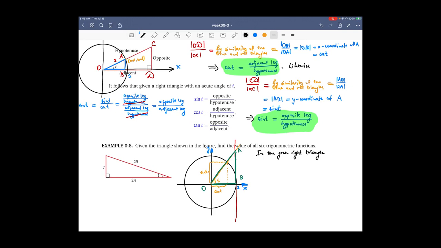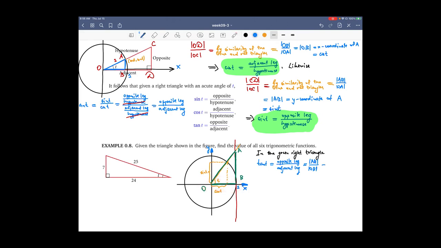if we write the definition of tangent t, tangent t being opposite leg over the adjacent leg, we see immediately that the leg opposite to t is AB, and the leg adjacent to t is OB, but OB is 1, because that's a unit circle.